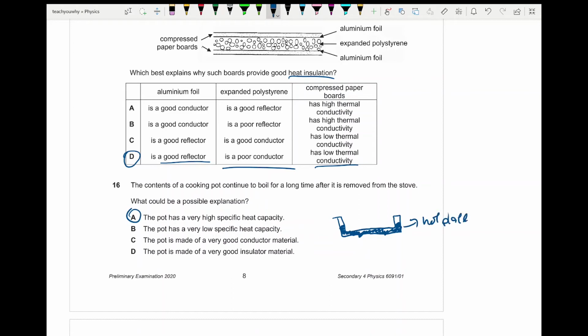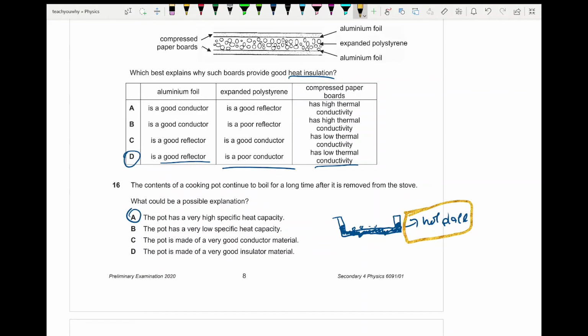Or in the Singapore context, it could be your hot plate tofu. When the zi char store person serves you the tofu, you can still see the tofu bubbling. Now, why is that so? It is because the hot plate has the ability to keep the heat. Why does it have this ability to keep the heat? It is because it has very high heat capacity.